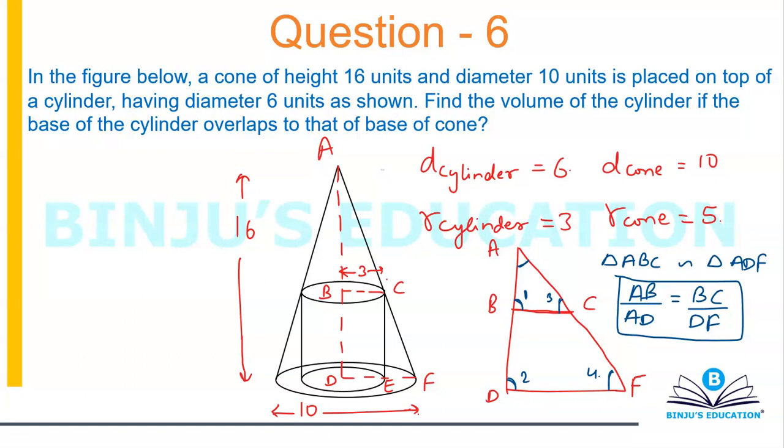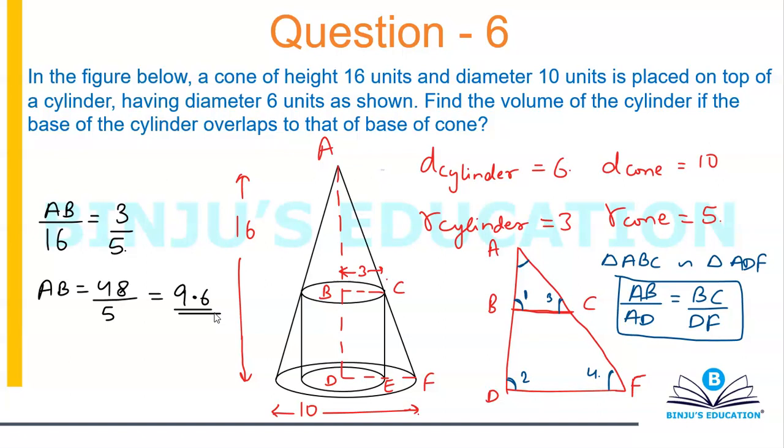Now let's plug in the values. AB is, I do not know. AD will be the height, which is given to us as 16. BC is given to us as 3 and DF is given to us as 5. So AB will basically be 48 divided by 5, and that will basically be equal to 9.6.